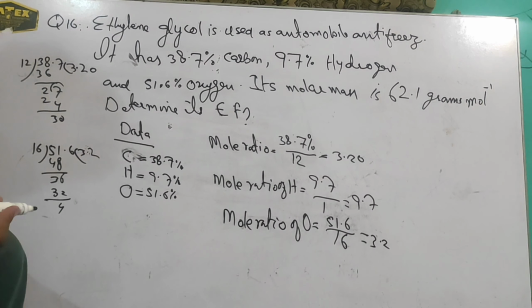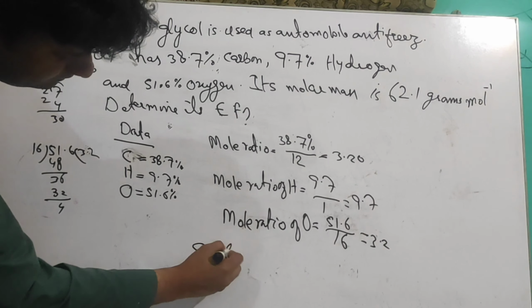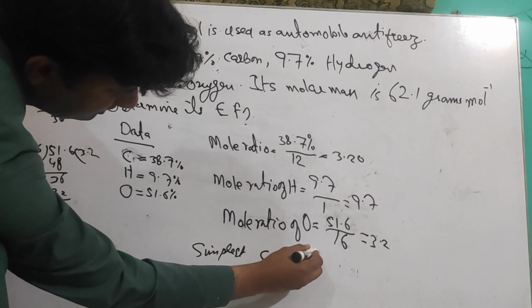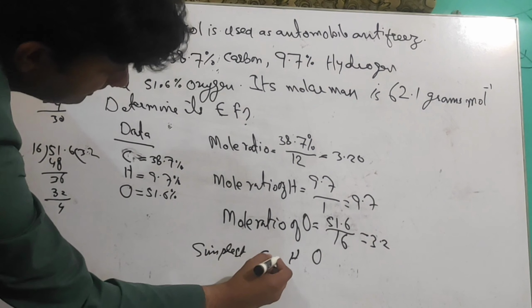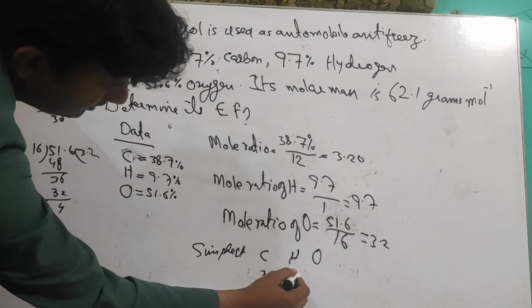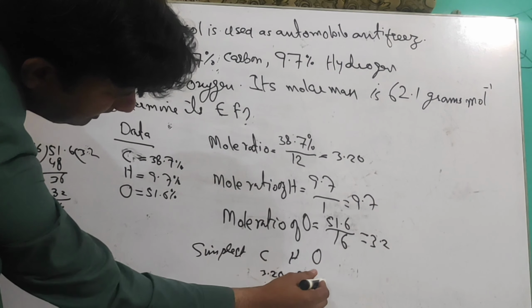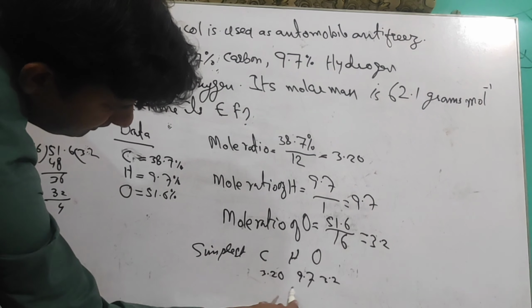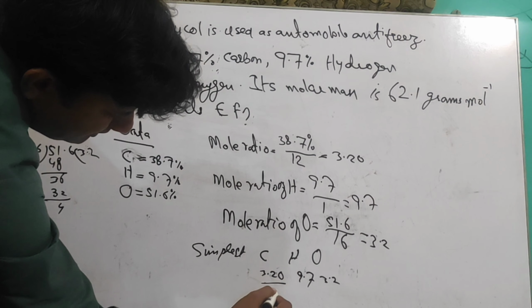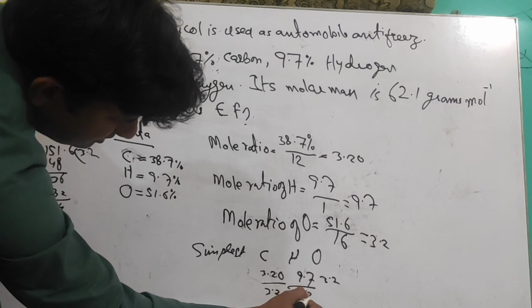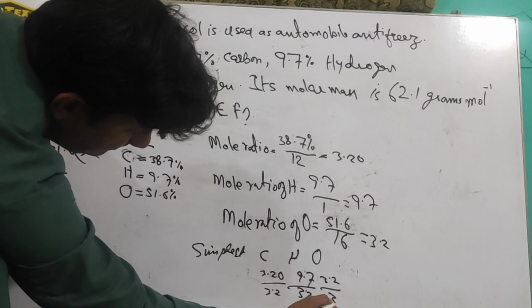Now we have to calculate the simplest ratio. For the simplest ratio, this is carbon, hydrogen and oxygen. The carbon is 3.20, hydrogen is 9.7 and oxygen is 3.2. The minimum value is 3.2, so we have to divide each by 3.2.